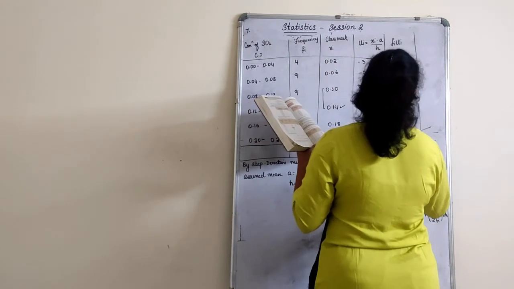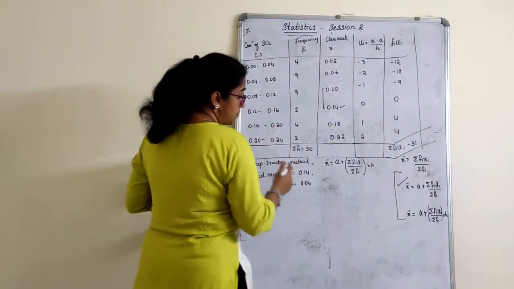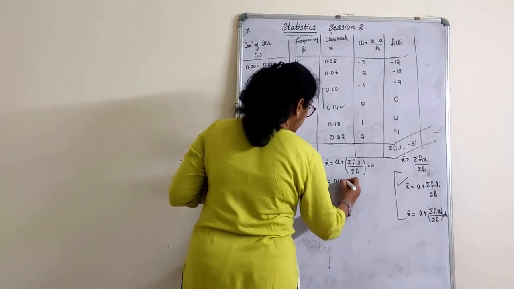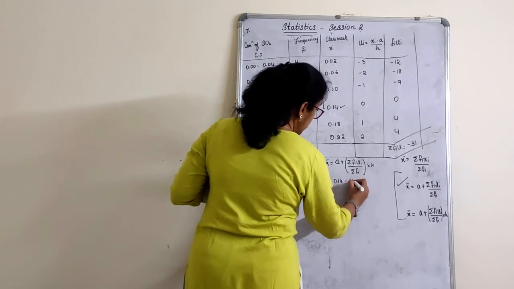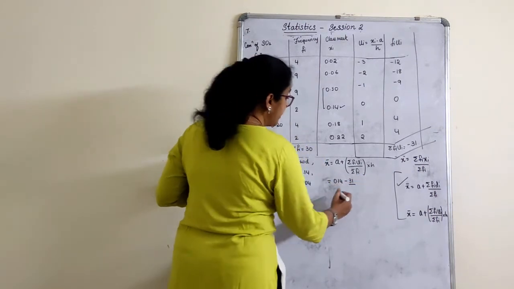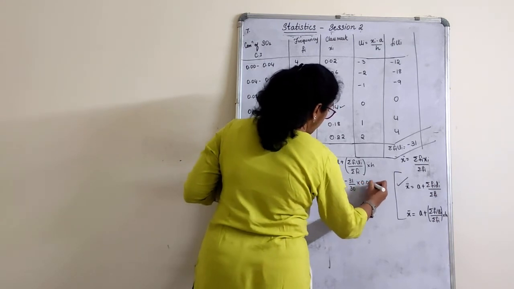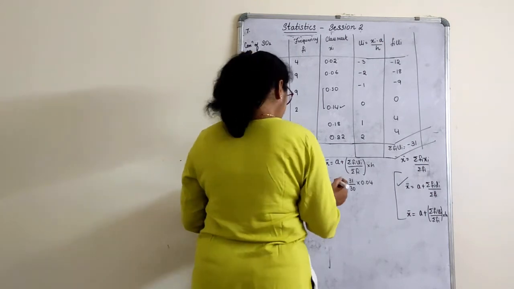When you add and subtract, you get minus 31. Let us substitute here. Assumed mean is 0.14 plus minus 31 divided by 30, into 0.04.